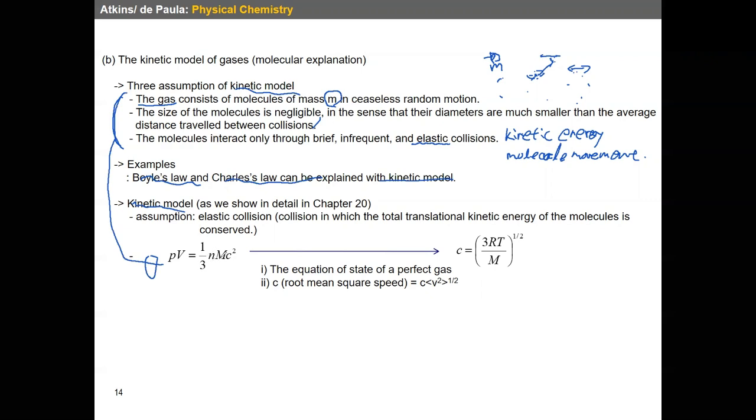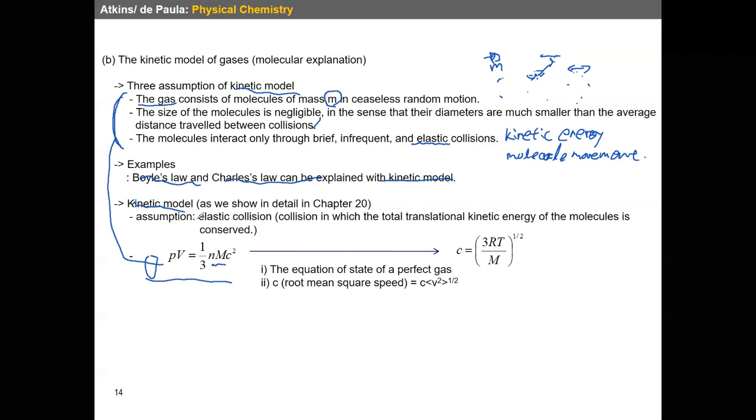Depending on these three assumptions of the kinetic model, we can finally get this equation. The assumption for this kinetic model is that all the movement is elastic collision, and the detailed derivation will be discussed later.